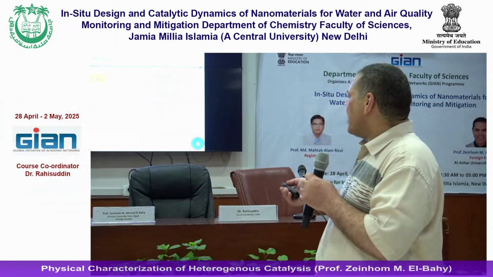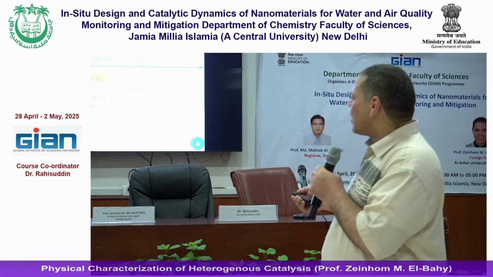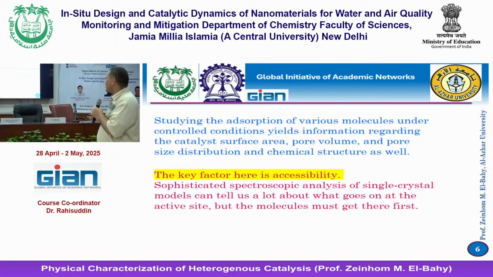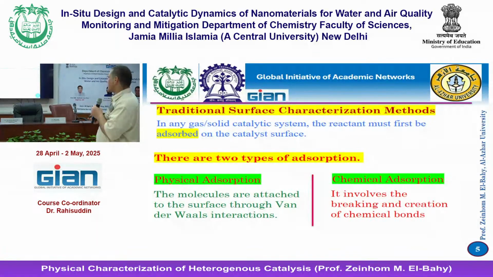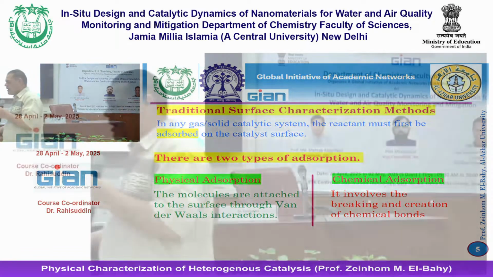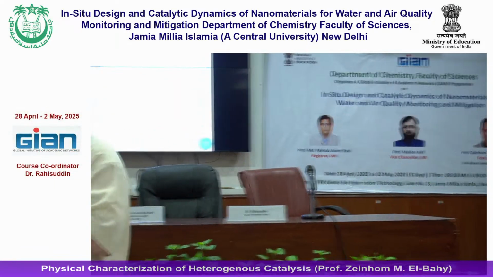Number one, I'd only like to remind you about this. Number one is determining the surface area and the surface texture. This is one of the traditional techniques used for the characterization of the catalyst.